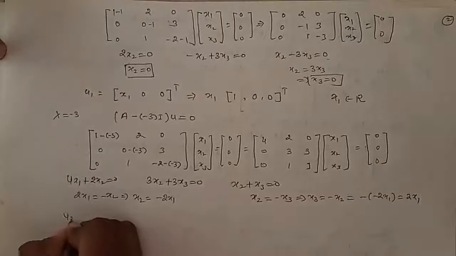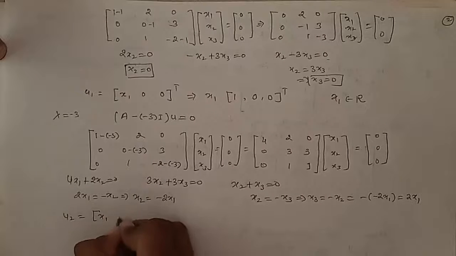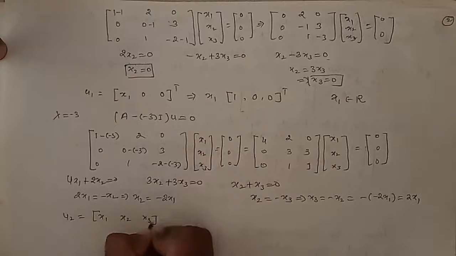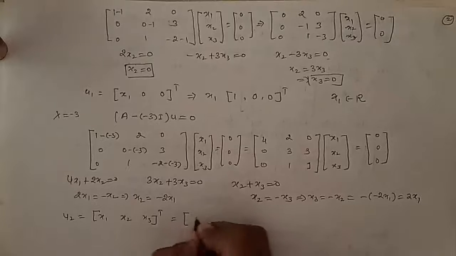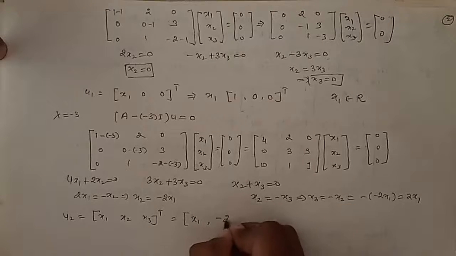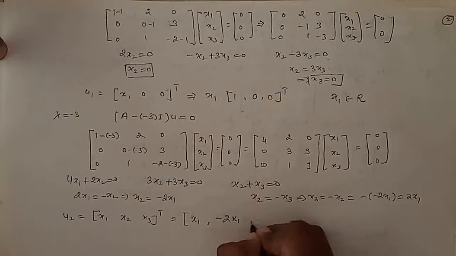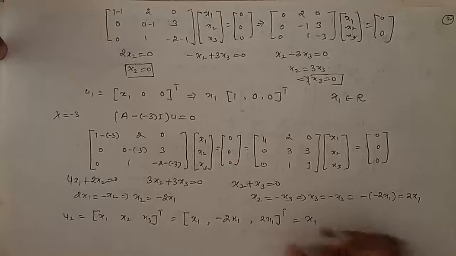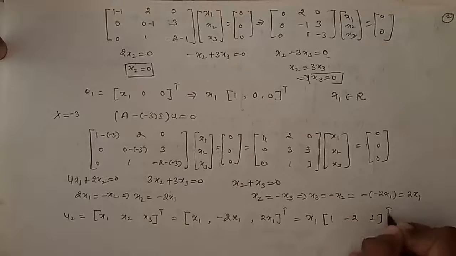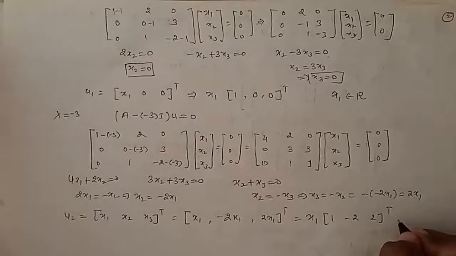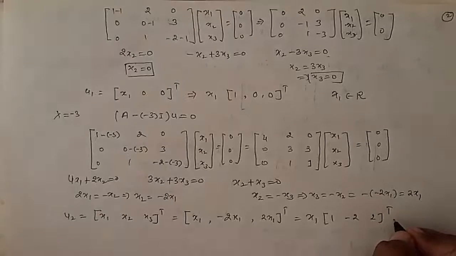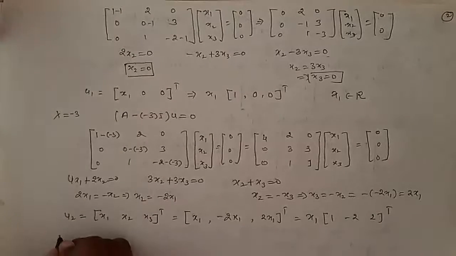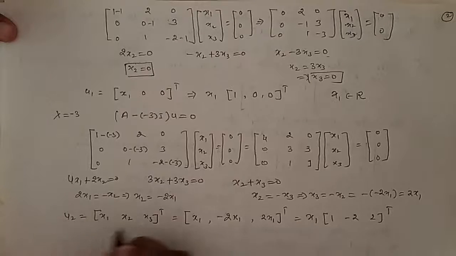So u2 is equal to [x1, x2, x3] transpose, which is [x1, minus 2x1, 2x1] transpose. I can take x1 outside, then we have [1, minus 2, 2] transpose. So this is the vector u2.